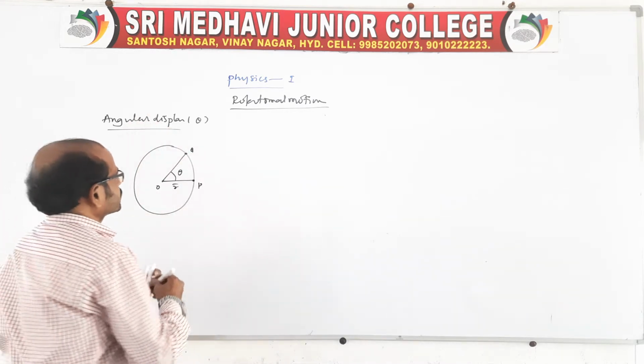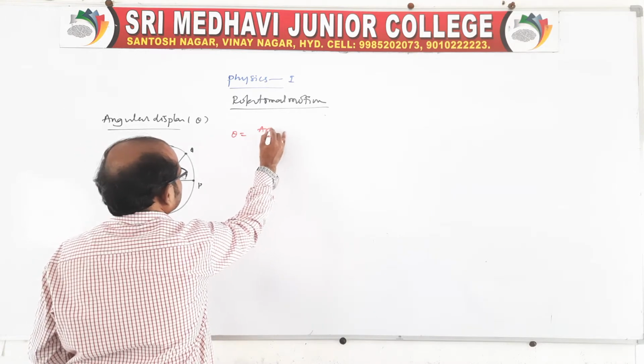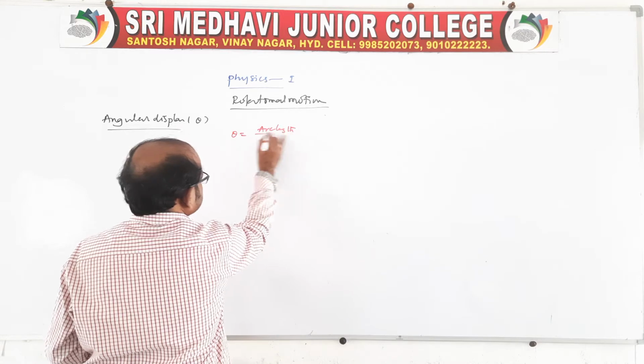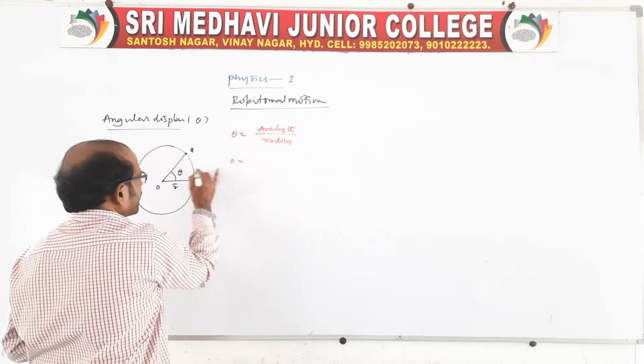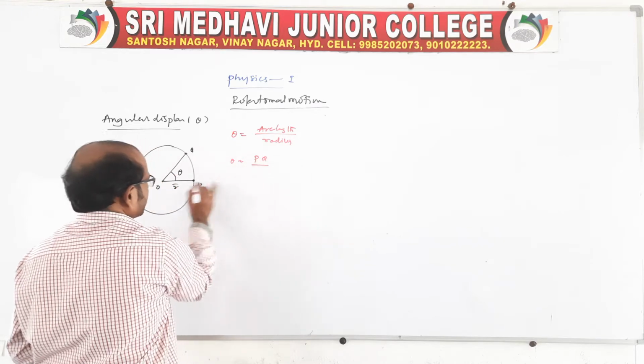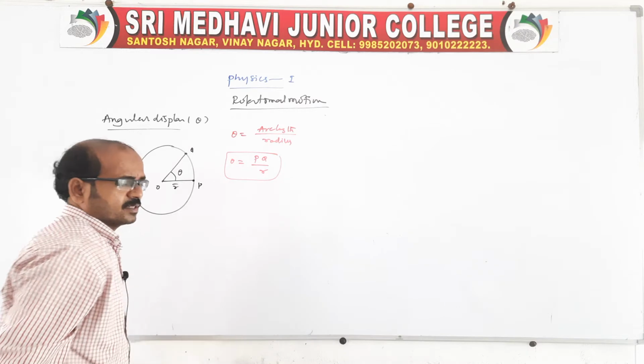So angular displacement theta is equal to arc length by radius: theta is equal to arc length PQ by radius r. This is the angular displacement.